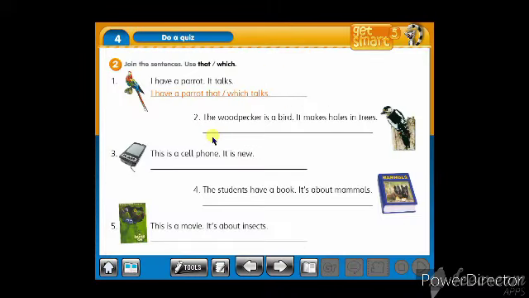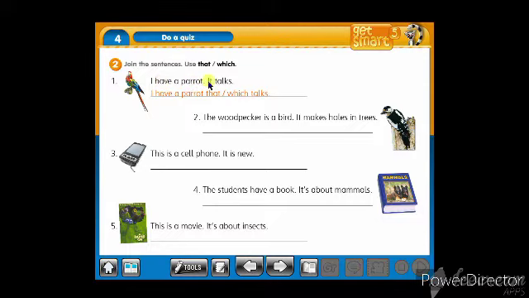Now, second activity on the workbook, you're going to put into practice what we just learned, okay? So we're going to use that because we're going to talk about objects and animals. For example, I have a parrot.